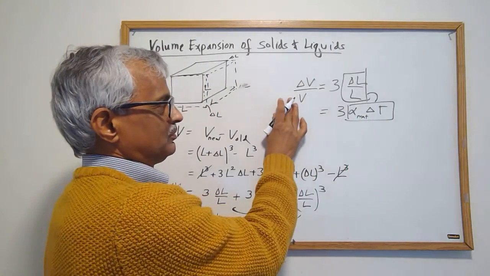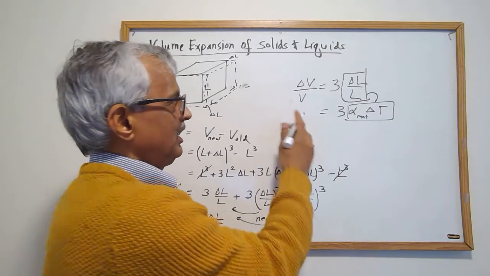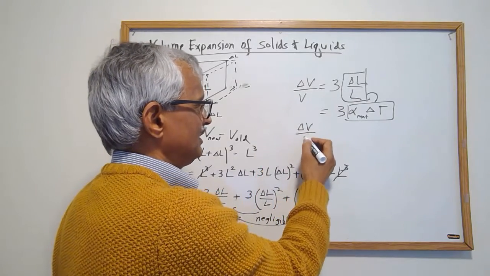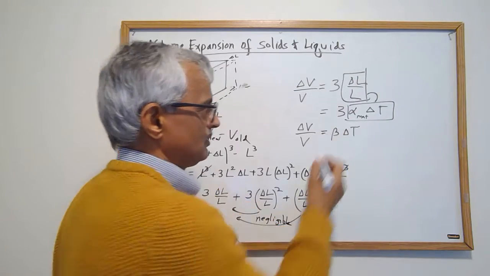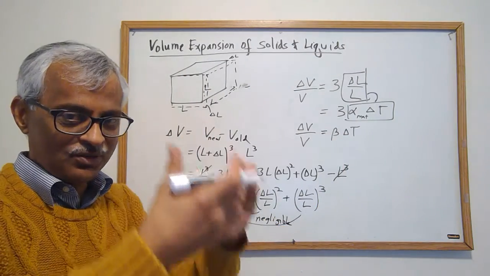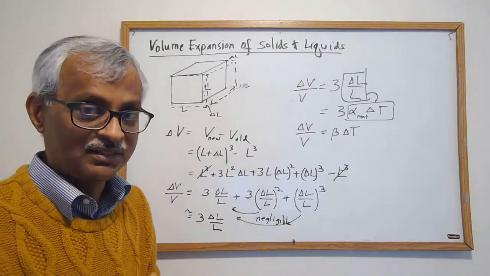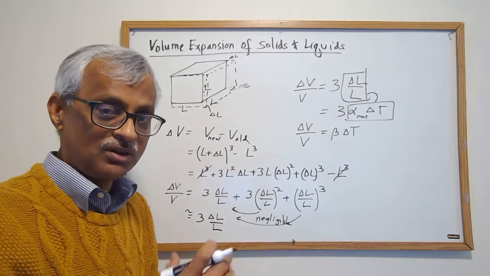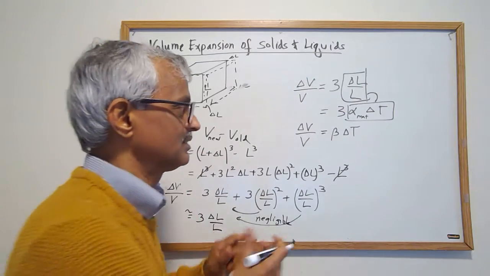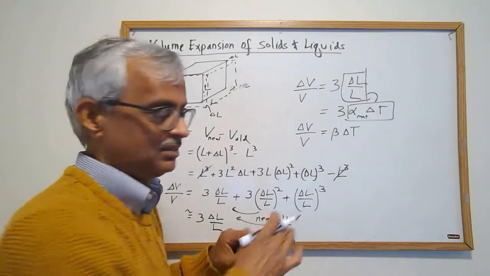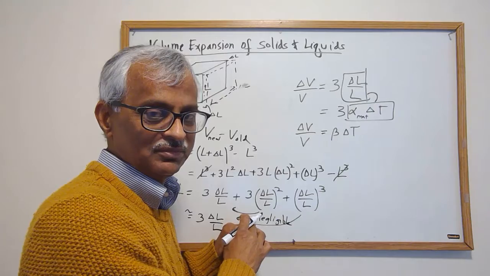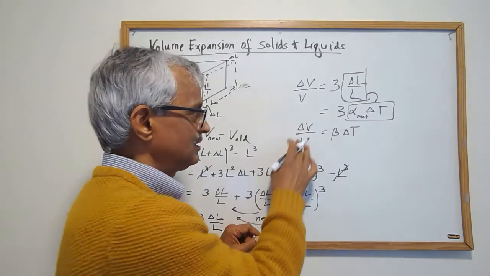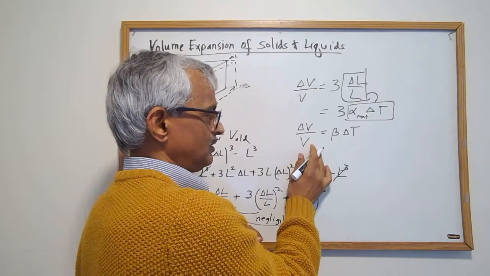So this volume strain, I am going to say this is equal to some beta delta T. So I'm going to invent a new coefficient to tabulate the rate at which volume expands. Not time rate, but fraction of the strain of the volume expansion, okay? This is the strain of the volume expansion.